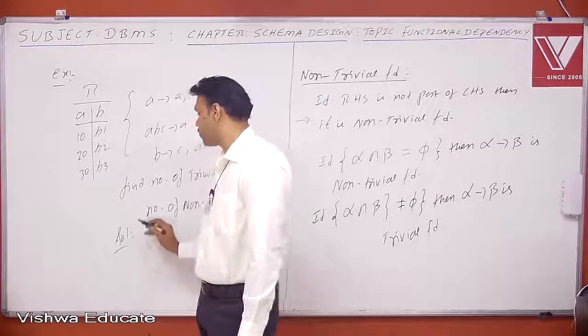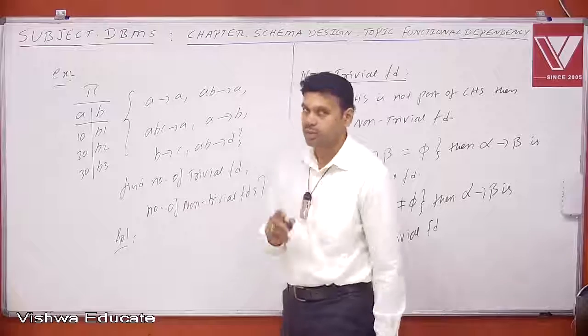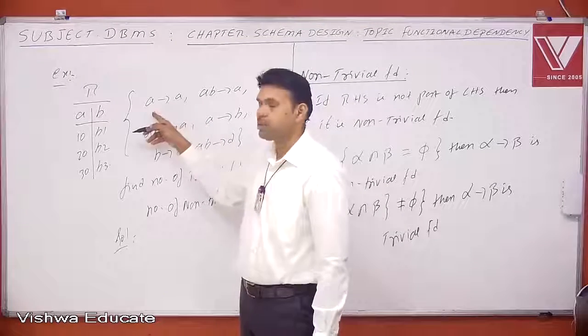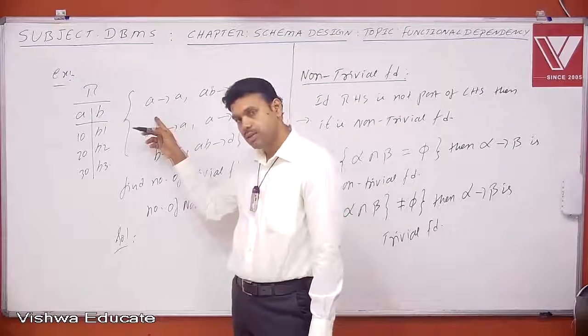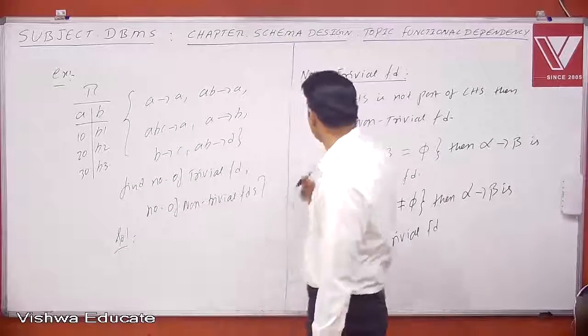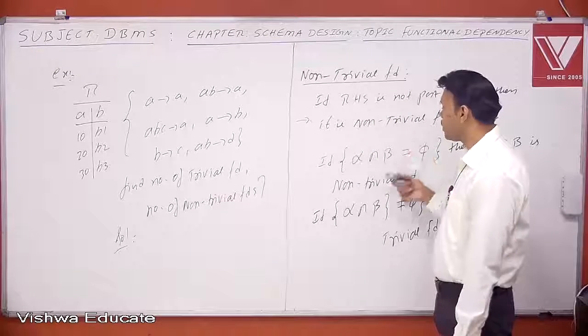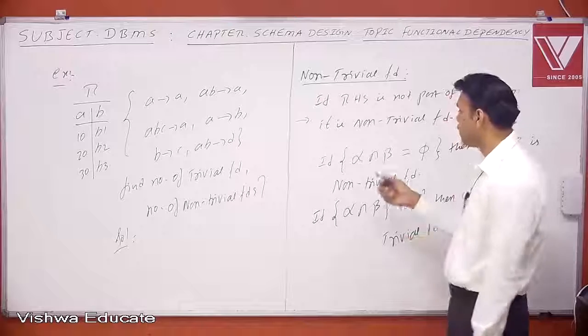So the solution. You say A tends to A. What I said: if RHS is a part of LHS, it is trivial; if RHS is not part of LHS, then it is non-trivial.